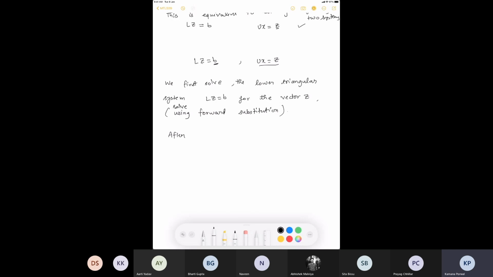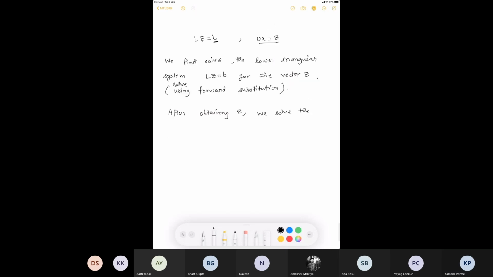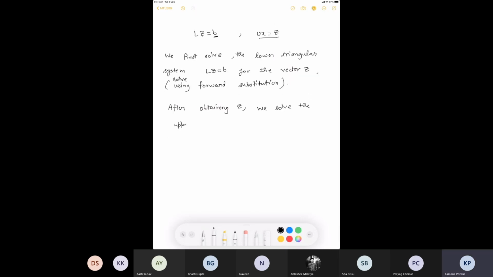So after obtaining z, we solve the upper triangular system Ux is equal to z for the vector x. And this you can do by using backward substitution.